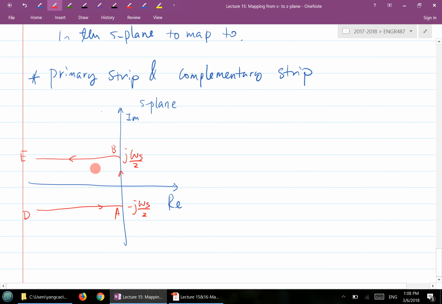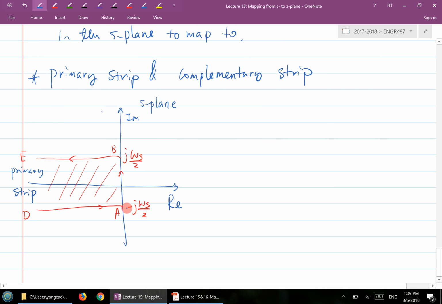So this region here, I'll show you the mapping. This region in here is called the primary strip. And then you can go up and down based on the primary strip.